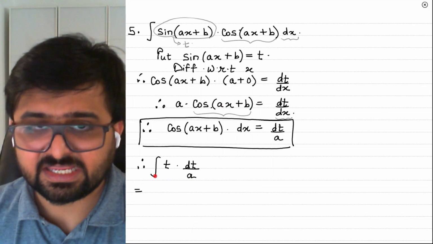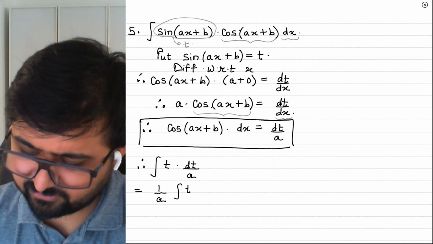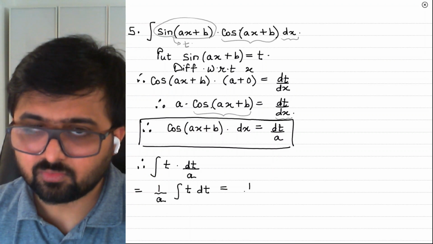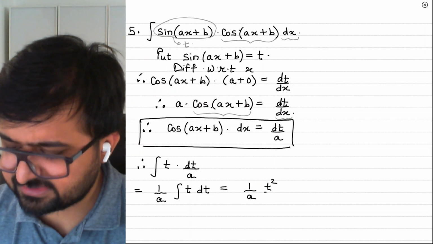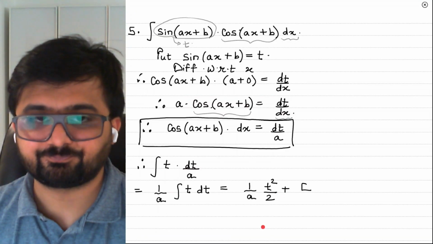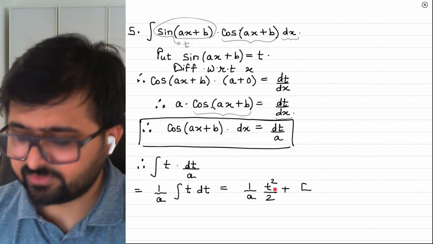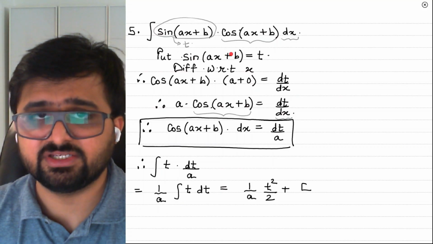Now you can take that a out of the integral. So you have 1 over a integral of t dt, which is equal to 1 over a times t square divided by 2 plus c. The integral of t is t square divided by 2. Now remember to replace that t with whatever you had substituted initially.